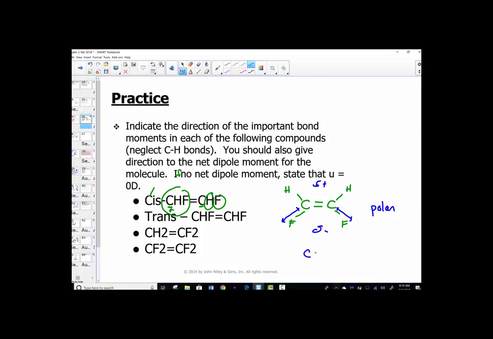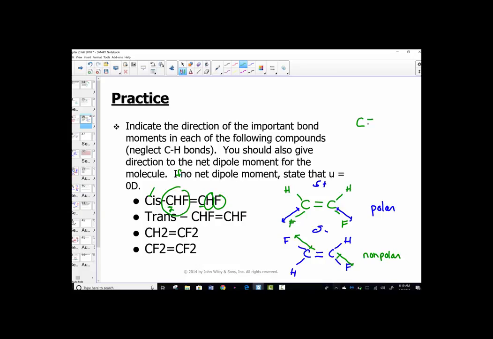If we rearrange that configuration to show the trans, the dipole moments cancel one another. You would see a dipole moment being pulled in this direction. That's the vector quantity. You would see the dipole moment being pulled in the opposite direction. Equal but opposite, they cancel each other. Therefore, that's a nonpolar molecule.